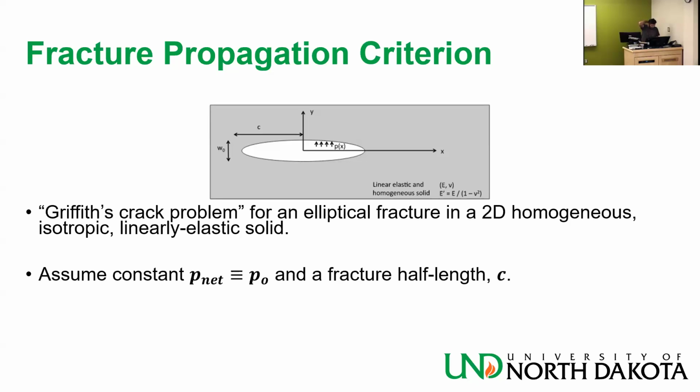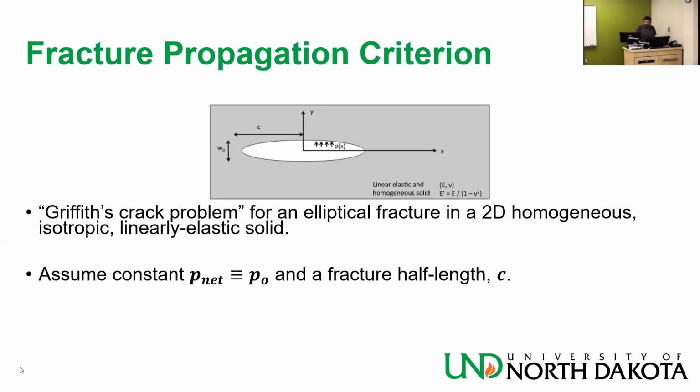So in this one, we assume that the constant net pressure equals P sub O, and the fracture half length of C, as we see here, is an elliptical problem. Fracture half length is C.